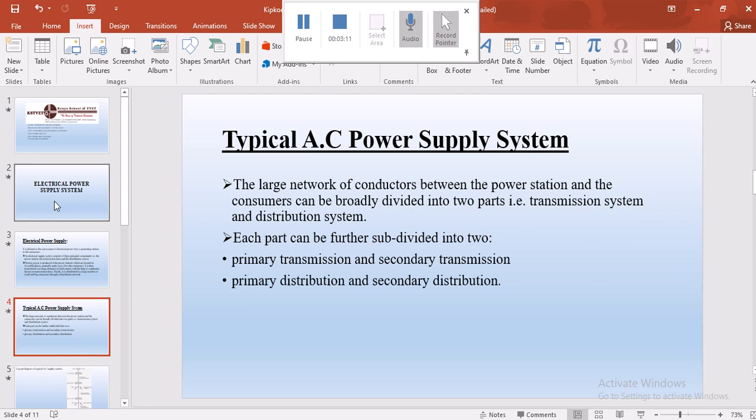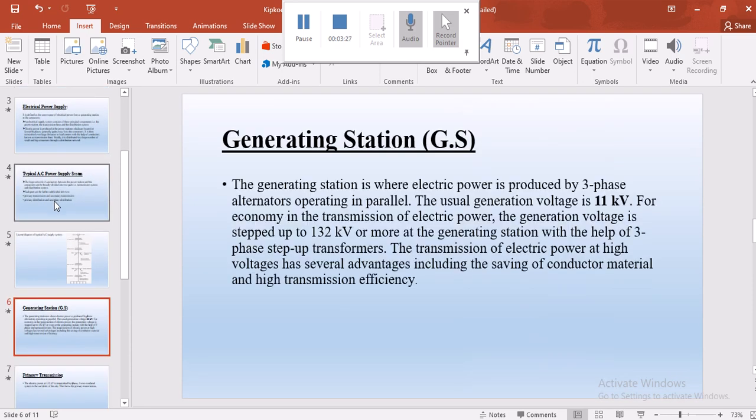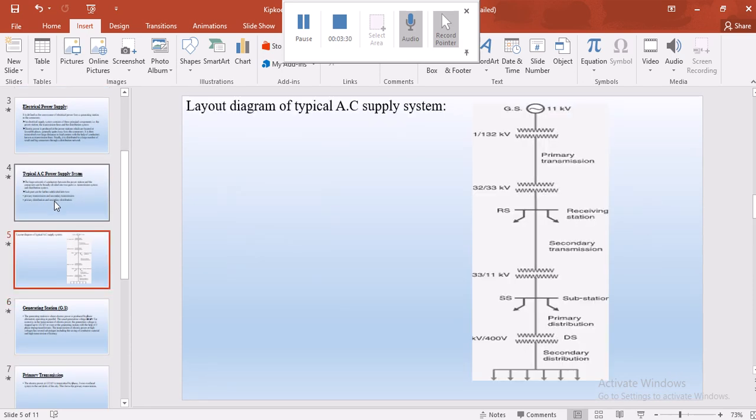These two parts have been divided further into two sections: primary and secondary transmission, then primary and secondary distribution. So we are going to look at the typical layout diagram of the AC supply system.